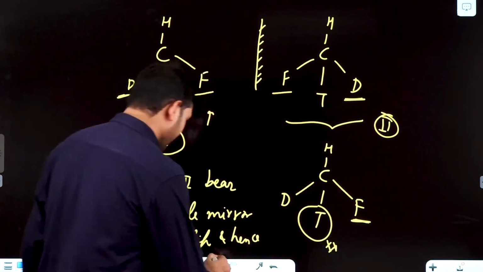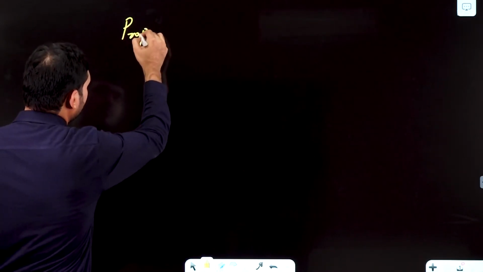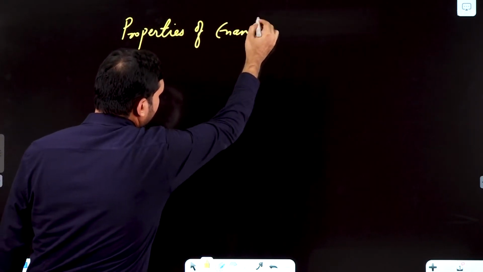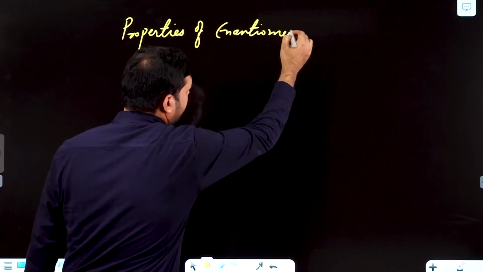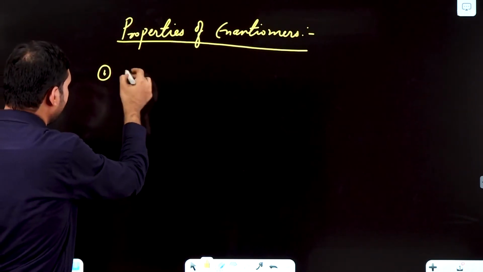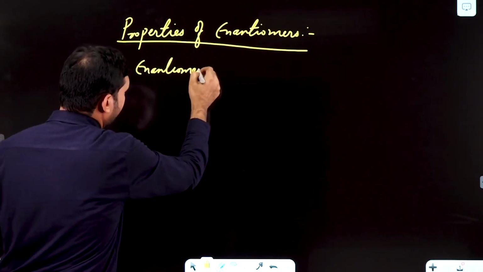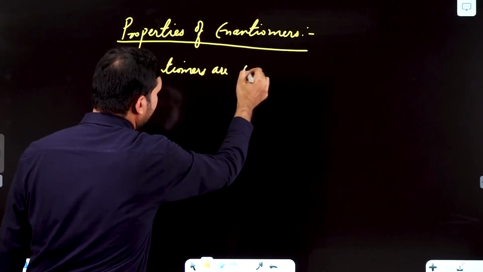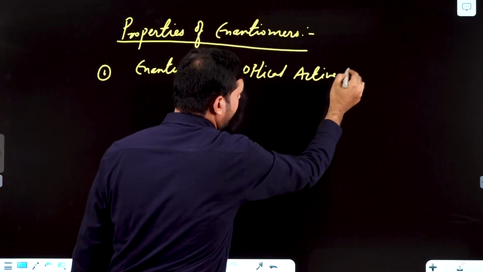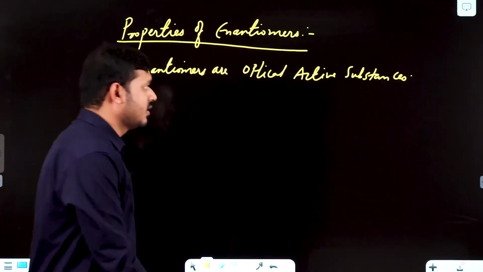First of all, properties of enantiomers. Okay, first property, enantiomers are optically active substances.